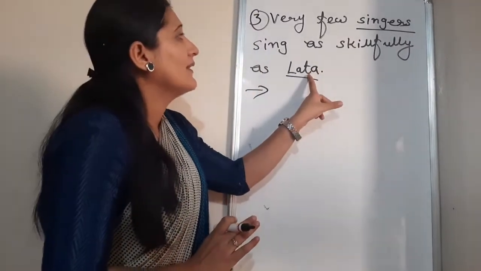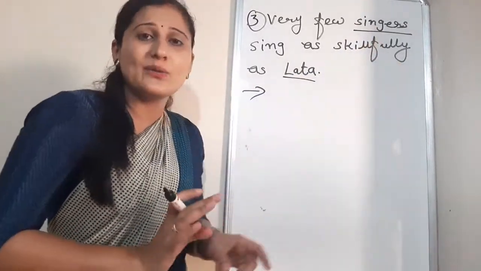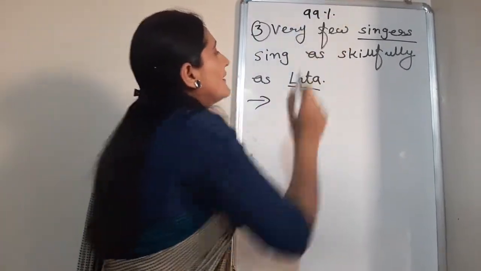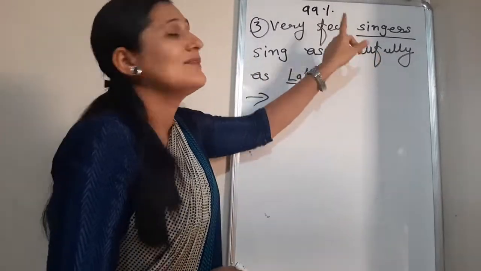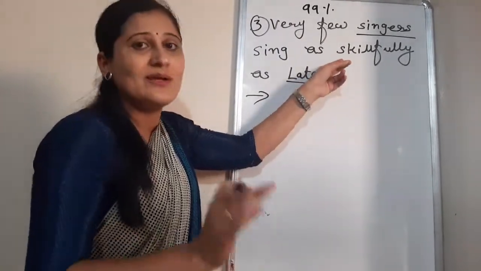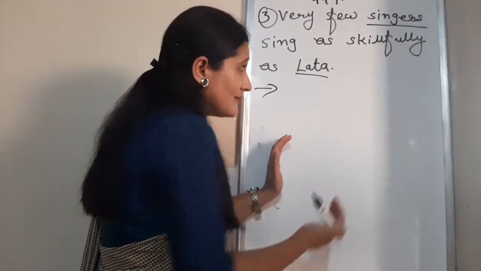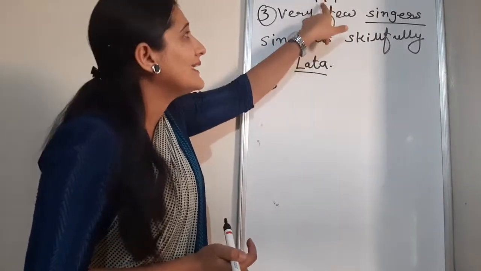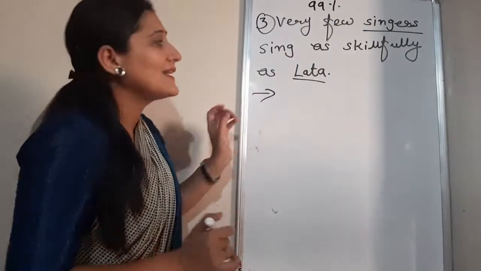Lata is famous, we know, Lata Mangeshkar, everybody knows, but mostly, 99%, if the comparison is between more than two things, then we will not check positive, negative, negative, positive. If the comparison is between two, we will check whether we need to write it or not, right? Positive, negative. But here 99% will not be there. So let's write our answer.